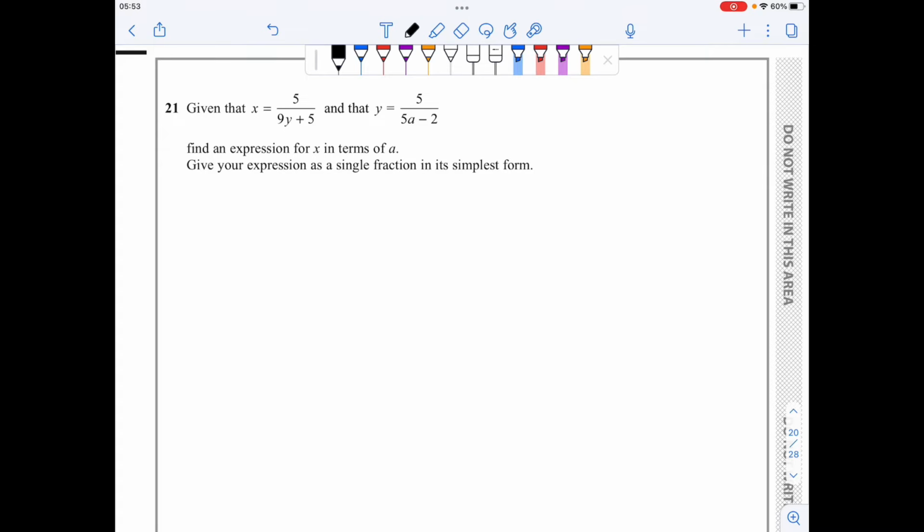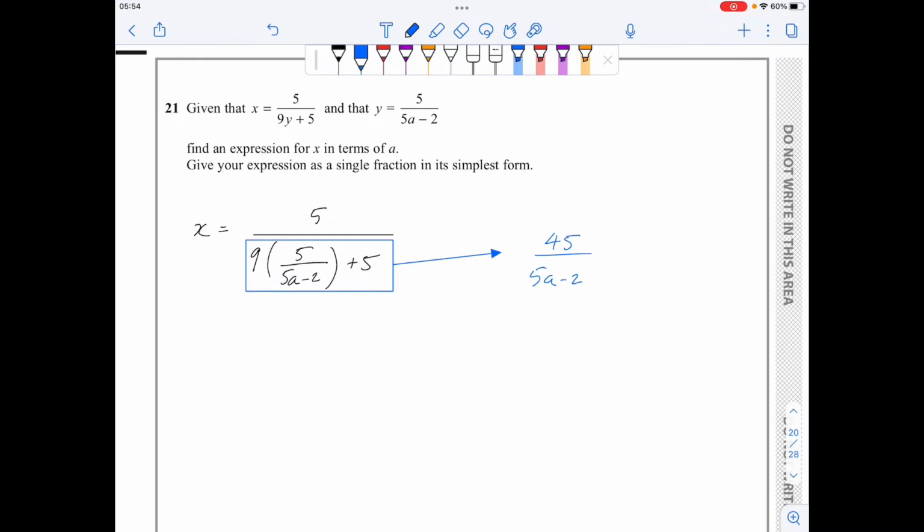For question 21, I'll start by replacing y with this expression. So x equals 2, big fraction here, 5 over 9, 5 over 5a minus 2, plus 5. I'm going to take the denominator and come to the side to simplify it. So if I expand the bracket, I'll get 45 over 5a minus 2 plus 5 over 1.